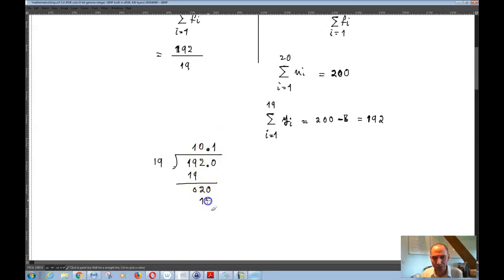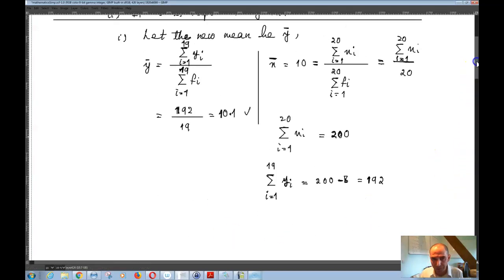And 1 times 19 is equal to 19, 1, so that's 10.1. Of course I have done this calculation before. You will get a 0 after this, so you will come up with 10.1. That is actually the right answer. So that's how you can do this part.